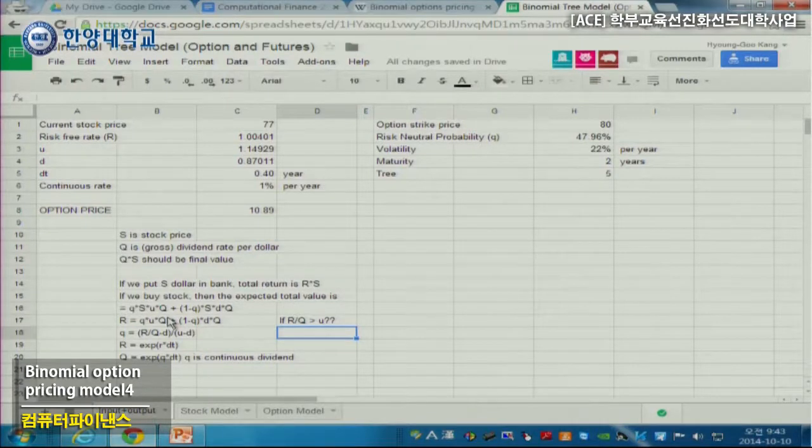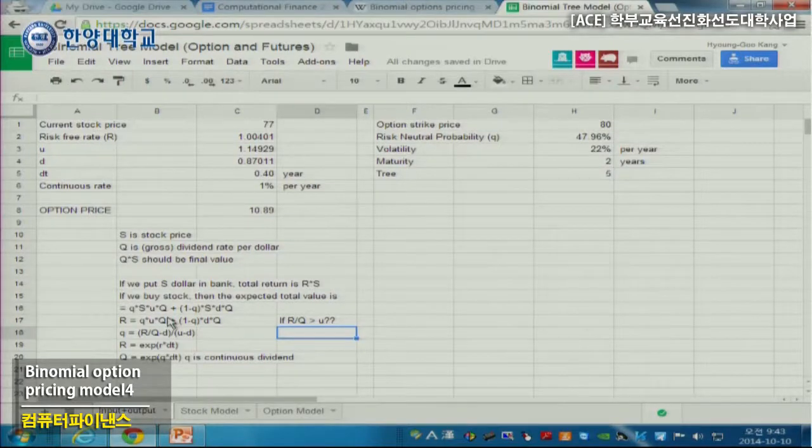If we multiply by Q on each side, it means that R is greater than U times Q. Even in the best scenario, the stock generates a lower rate than the risk-free rate, even after dividend. If we hold it, we receive a dividend and the possible price gain, and if we add them all, the expected return is still less than the risk-free rate, then we have no reason to hold the asset. So that doesn't make sense.